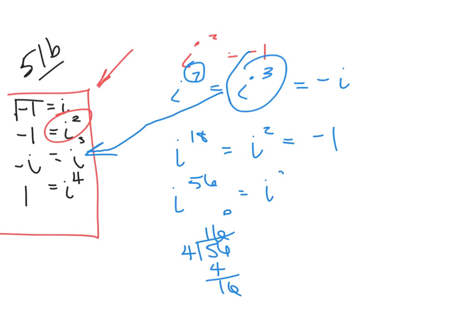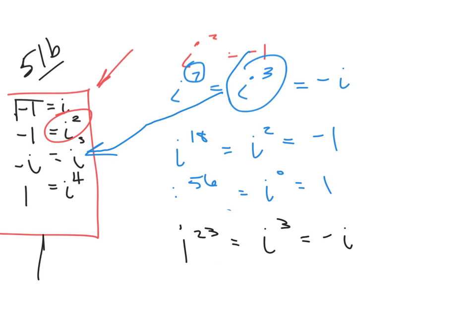So it's i to the 0 power. Any number to the 0 power is 1. What about something like i to the 23rd power? Well, 4 goes into 23 5 times with 3 left over. So it's the same as i cubed, which is negative i.